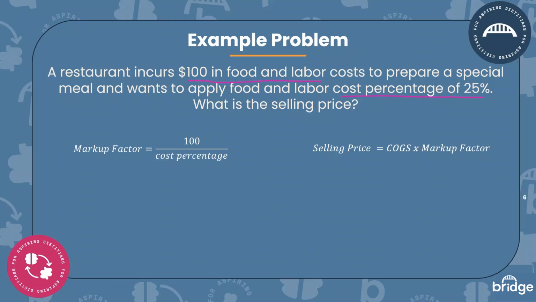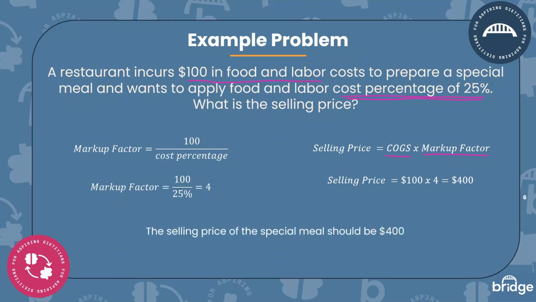Markup factor is that multiplier based on your cost percentage, and we're told that the cost percentage is 25%. So if we take 100 and divide it by 25, we'll figure out our markup factor. This is how much we need to increase the cost to get the target price. Since selling price equals cost of goods sold multiplied by the markup factor, and our markup factor is 4, and the cost of goods sold is 100, the selling price here should be $400 for our special meal.